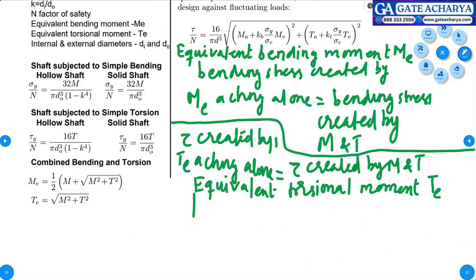Similarly, moment is creating a shear stress, torque is creating a shear stress. So the same amount of shear should be created by pure torsion alone. That will be equivalent torsional moment.